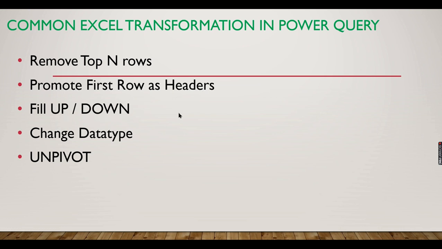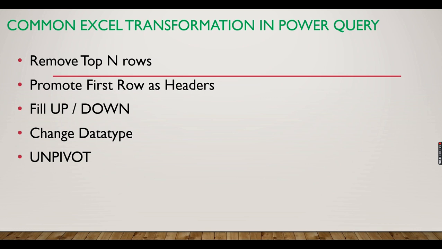Then there will be some gaps, so the fill up and down option will be used. Obviously you need to change the data type. If date calculations are to work, you need to set the date field as date data type. Then there is something like unpivoting. So these are the things we are going to see in this video.